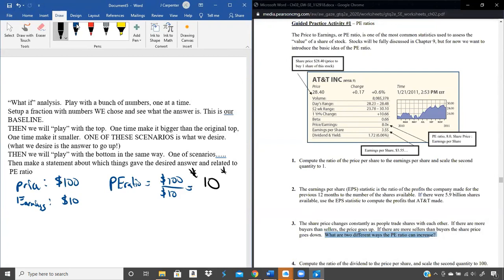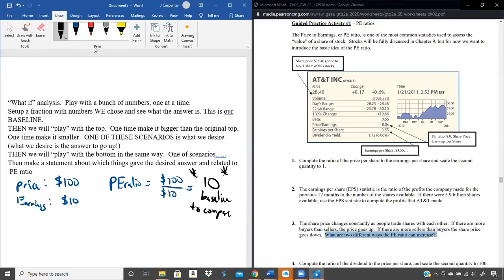This is our baseline to compare. Yes, I know it's coincidentally the same as the earnings. Do not take that as any kind of important factoid. If you don't like those being the same, do 105 and then you'll have a 20 here. Easy way to fix things. So this is our baseline.